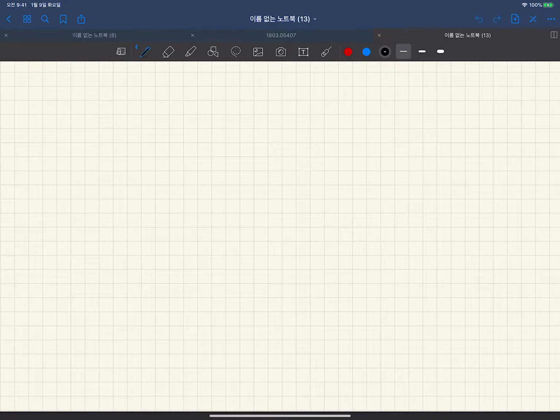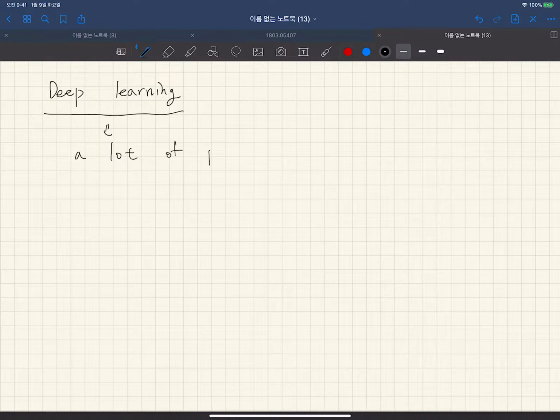In deep learning cases, this is more important because usually deep learning has a lot of parameters. Especially after residual networks, we can stack hundreds or thousands of layers successfully.